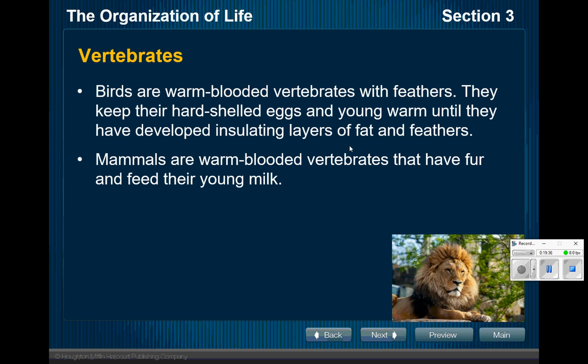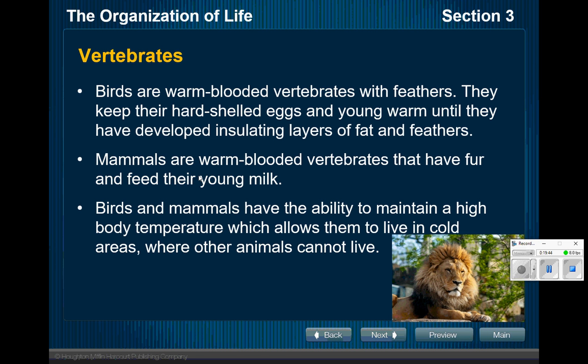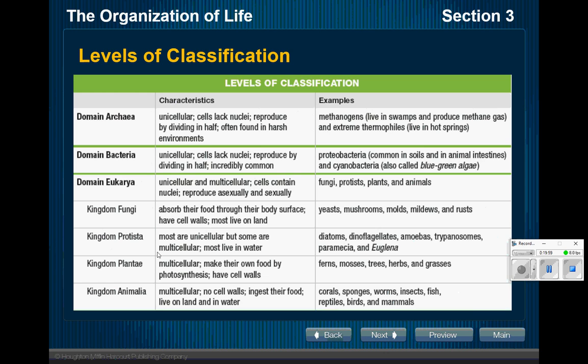Other vertebrates are mammals, who instead of having feathers, have fur or hair, and mammals get their name from the fact that they feed their young milk. Birds and mammals have the ability to maintain a high body temperature, which allows them to live in cold areas where other animals cannot live.